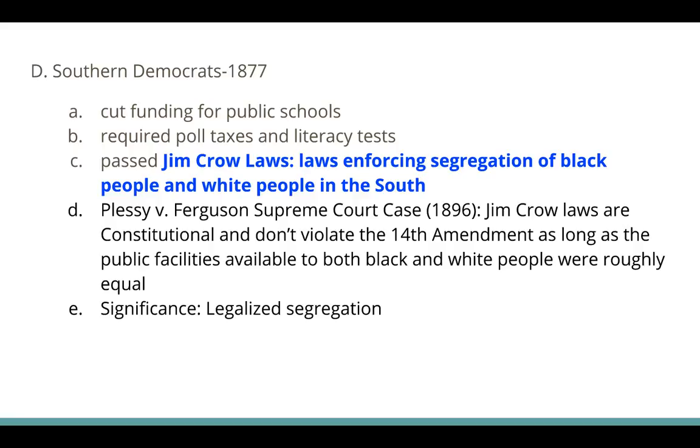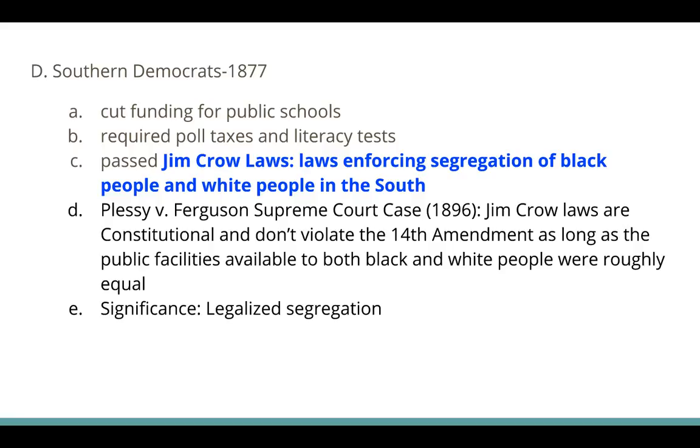But we all know that the separation of these races did not result in equal conditions for public schools, for access to medical care, for restaurants, and for various activities that you would do in society that you would hope to be able to do as an American citizen, as a human being.